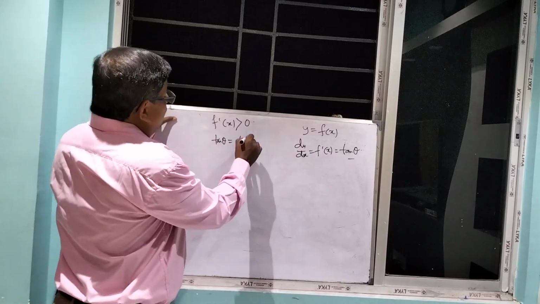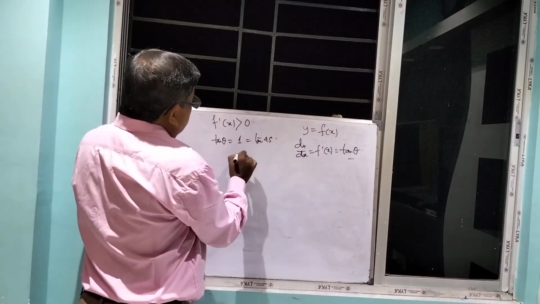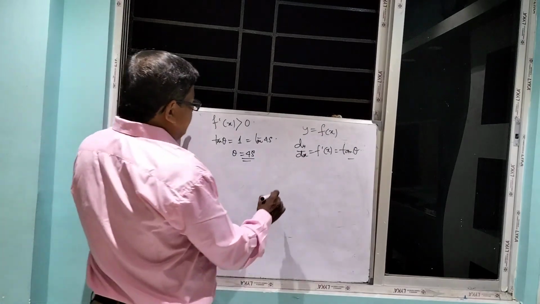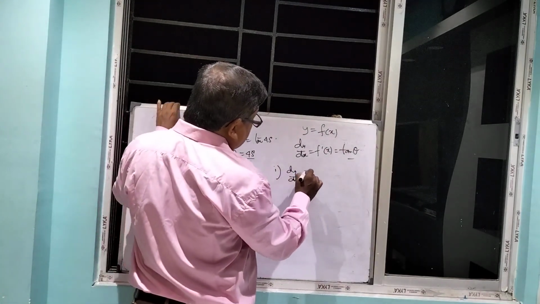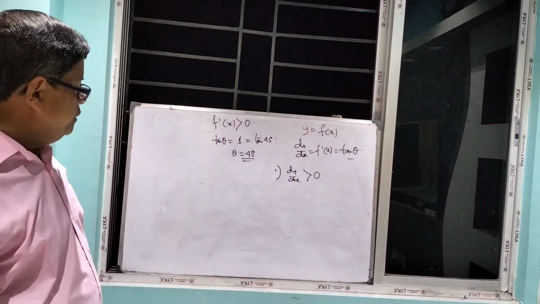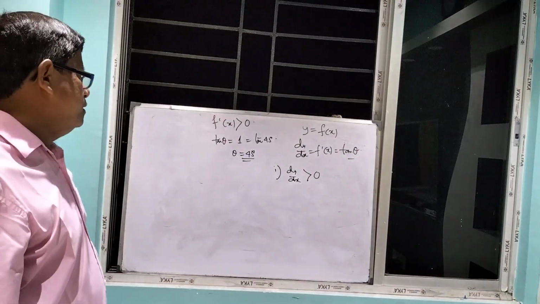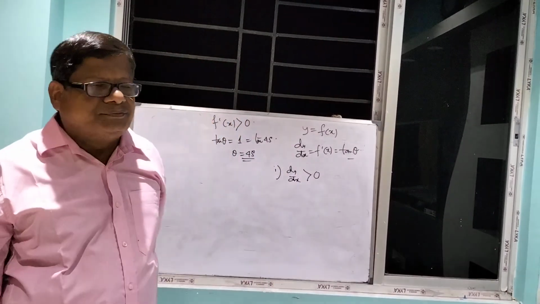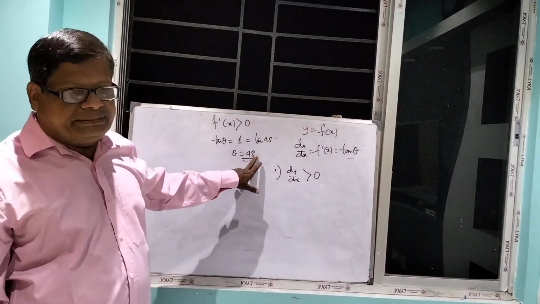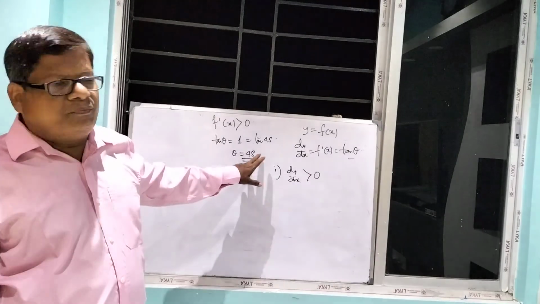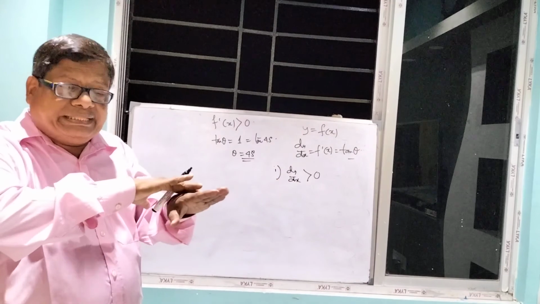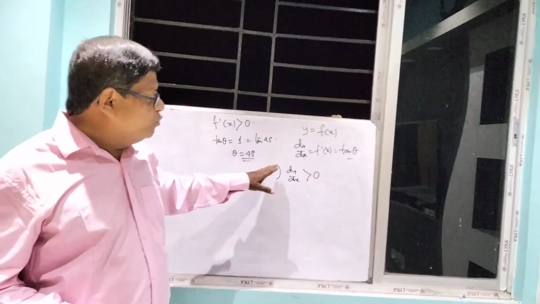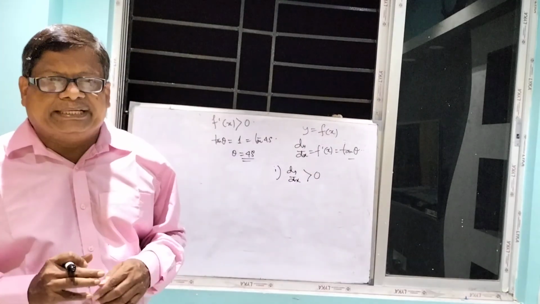So it will be tan 45 degrees, so theta will be 45 degrees. So keep in mind, if dy/dx is greater than 0, then the tangent makes an angle theta, 45 degrees, in the positive direction with the x-axis. That is, an acute angle is formed.